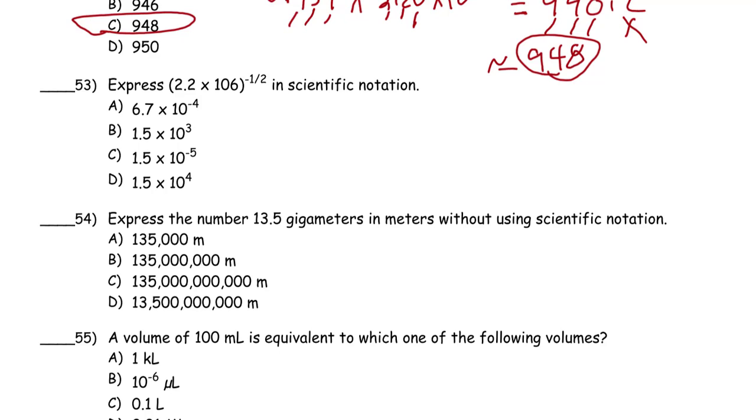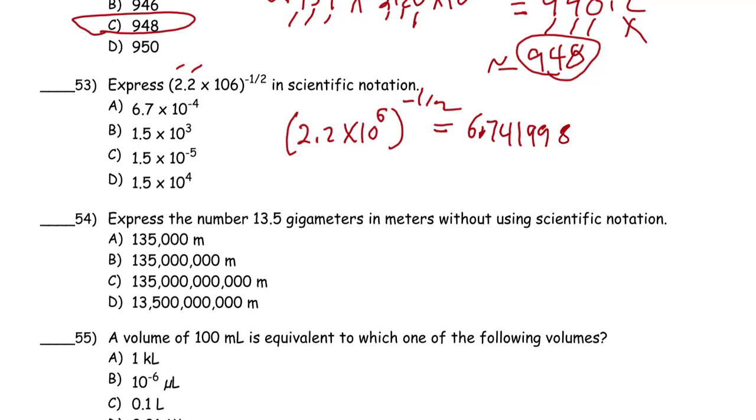For the next one, here is 2 significant figures, right? The number to the power negative half. Let's write it: 2.2 times 10 power 6 to the power negative half. Use your calculator. You will reach this number: 6.741998625 times 10 power negative 4.